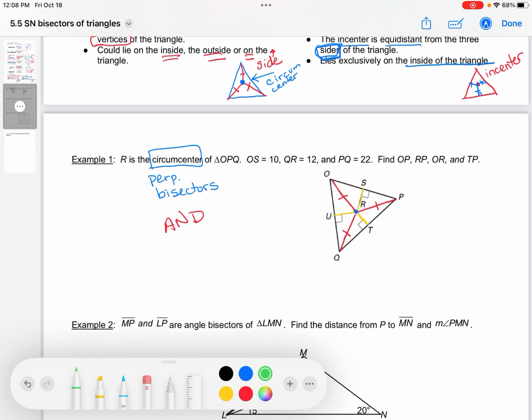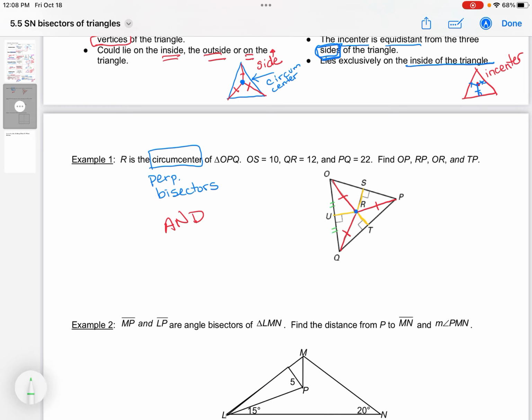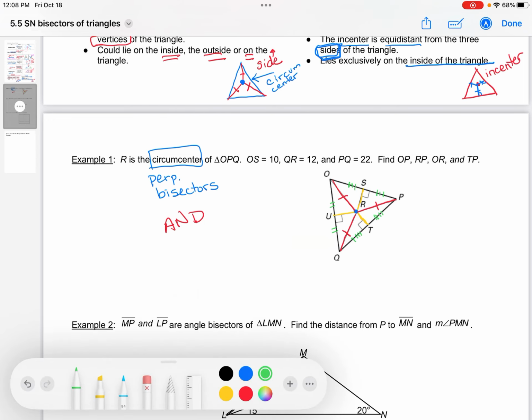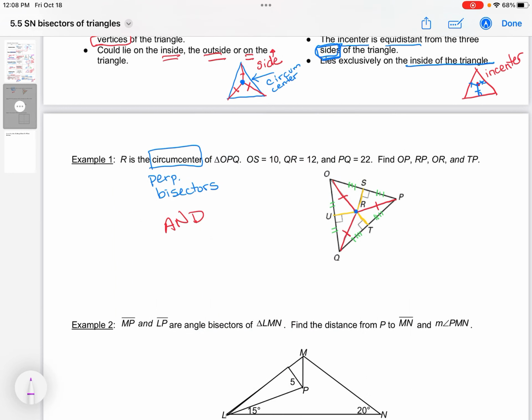Okay, and the other thing we know is these guys are equal, these guys are equal, and these guys are equal. That's a lot of little lines. So if they tell us that O to S is 10, then that means S to P is also 10.